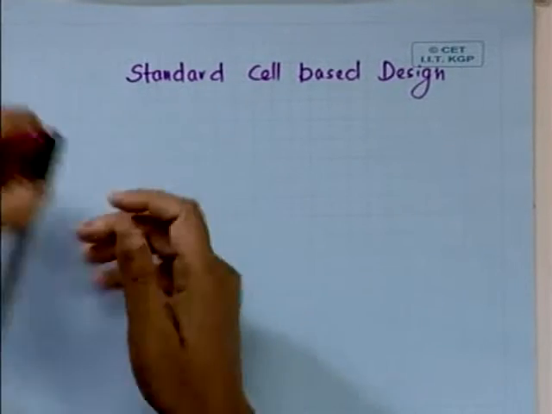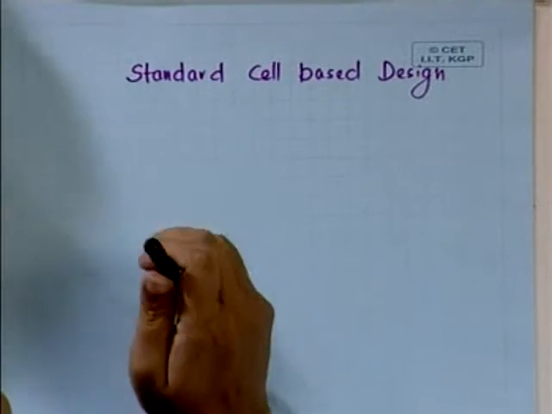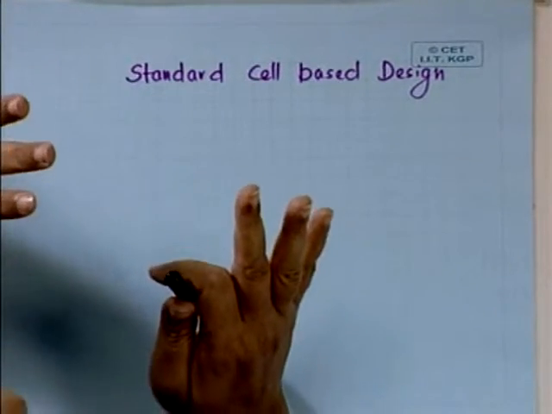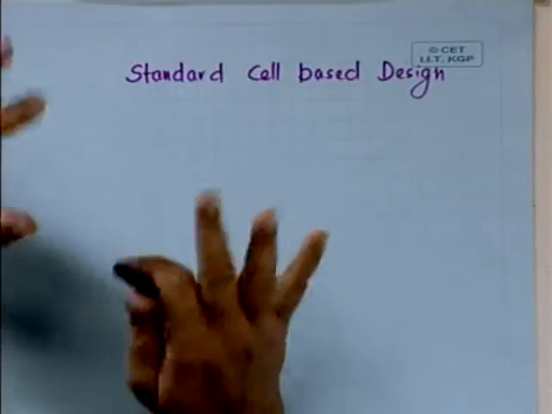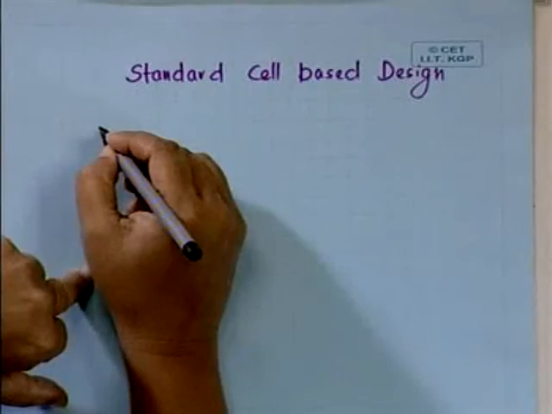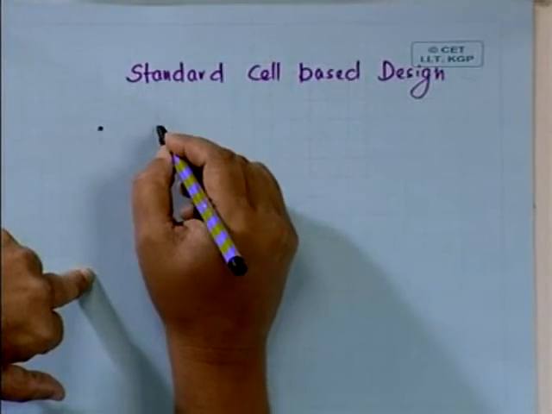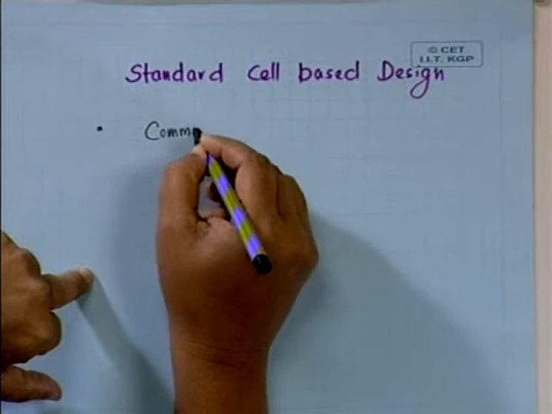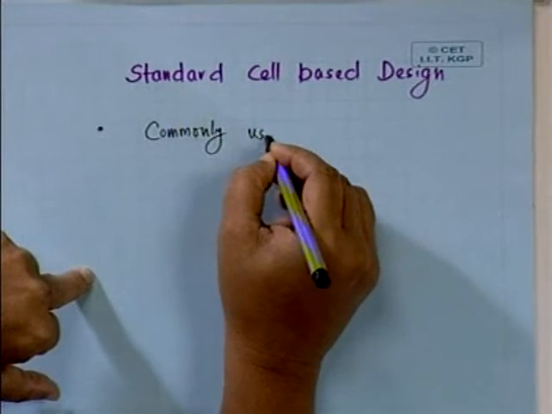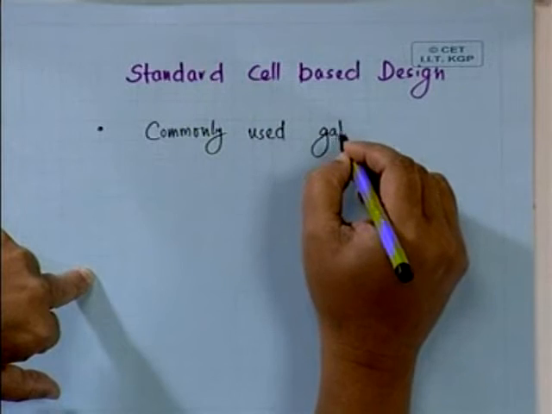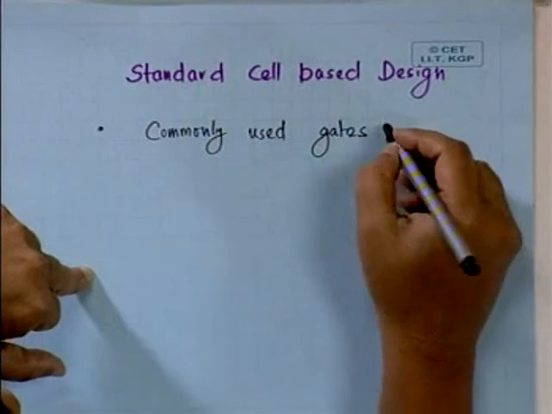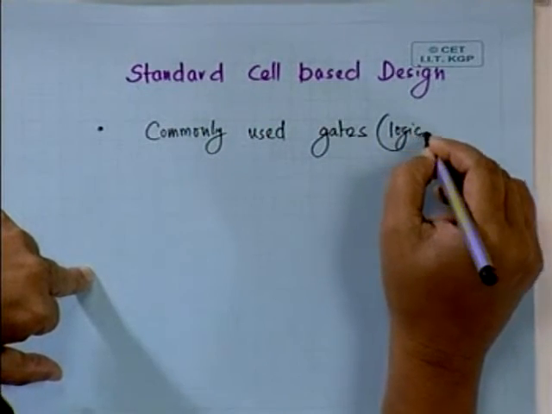Now, the basic idea is that some predefined, pre-characterized gates or cells are already in my library, and these are commonly used gates. You can call these logic cells also.